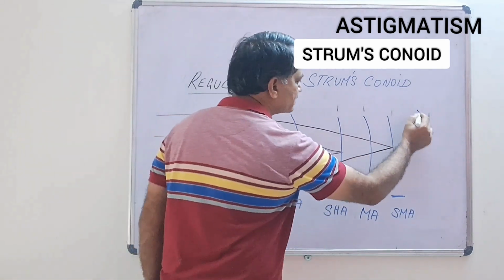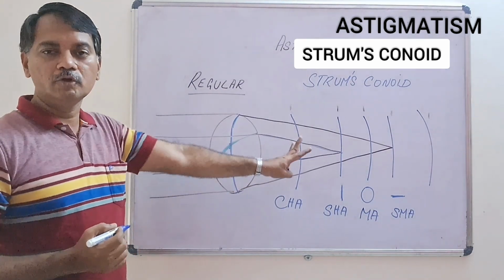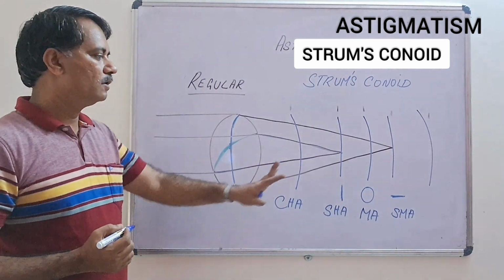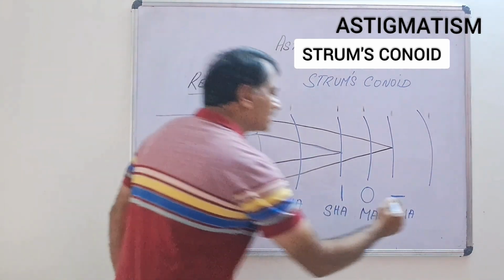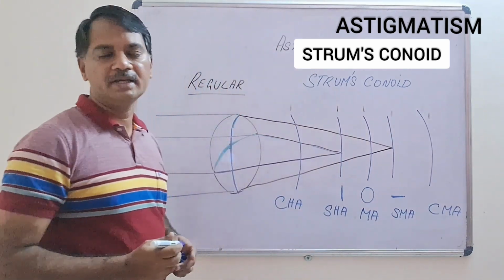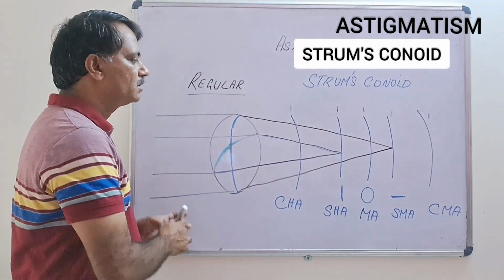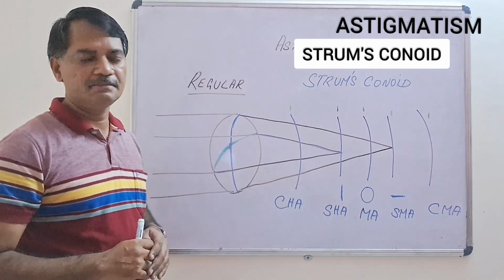Suppose the retina is at this position, then both the rays have already come to a focus. So this becomes myopia, but this is a compound myopic astigmatism.